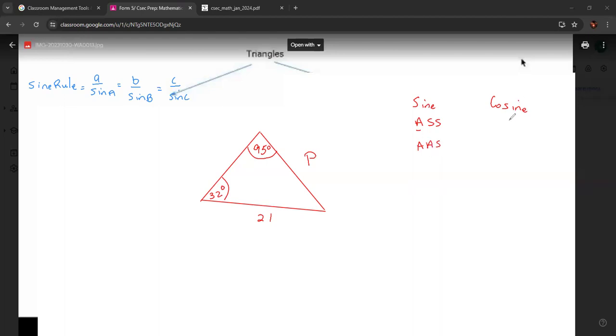For cosine rule, it's if they give you all three sides, or they give you a side, an angle, and a side. So remember, cosine has the S's, sine has the A's.